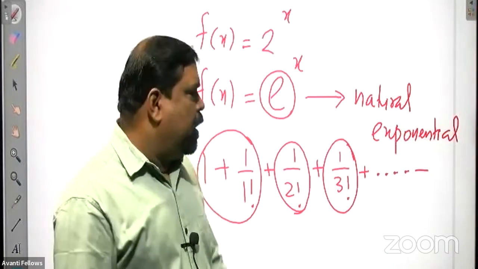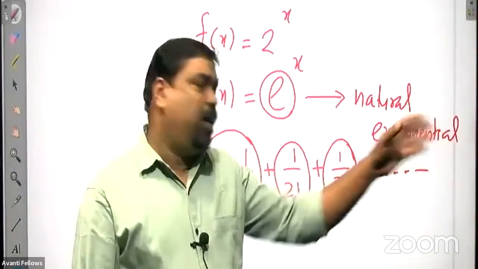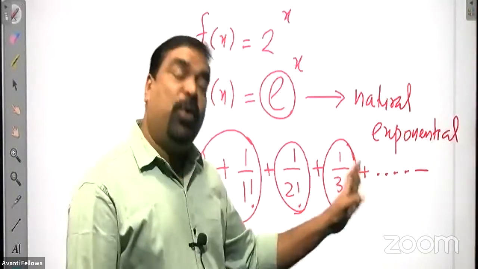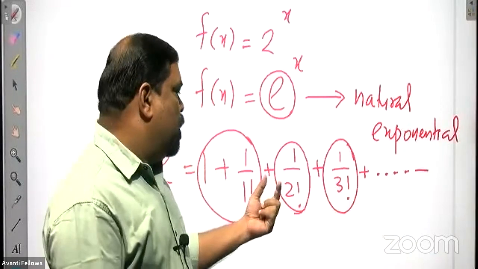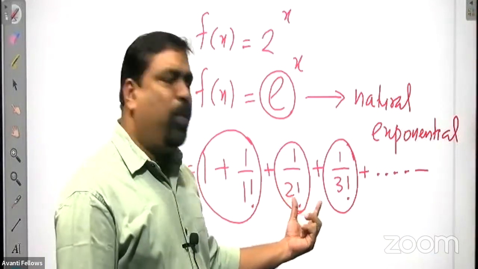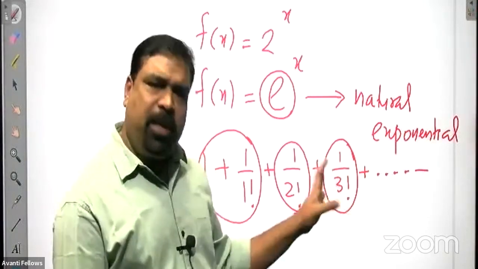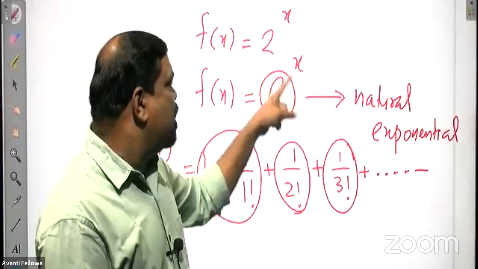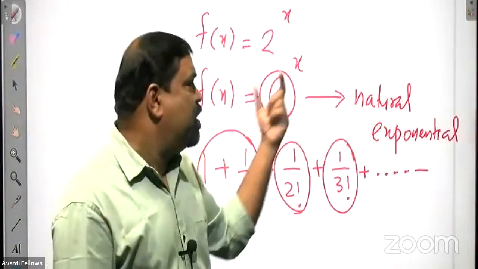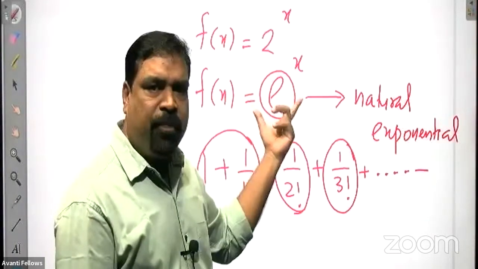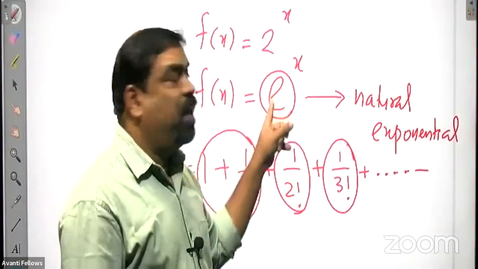You can keep on adding terms to approach the value of e, but it is not possible to find the exact value. Anyway, it is greater than 2.7 and clearly less than 3. So e is taken as the base of our natural exponential function, and this is the function which is important for us: whatever function we discuss in mathematics now is this e power x.